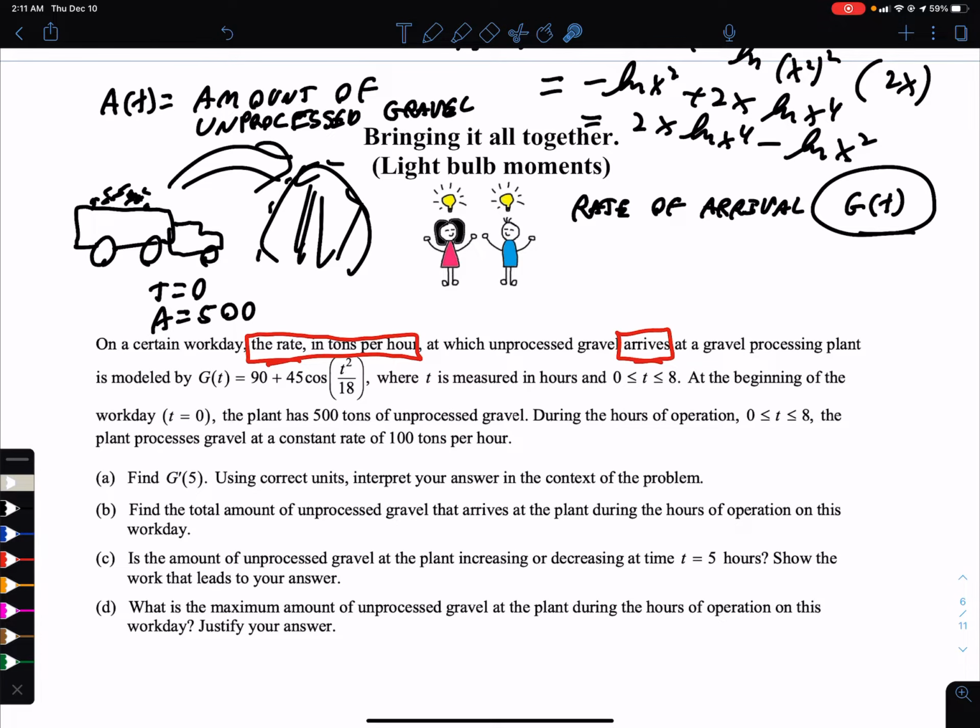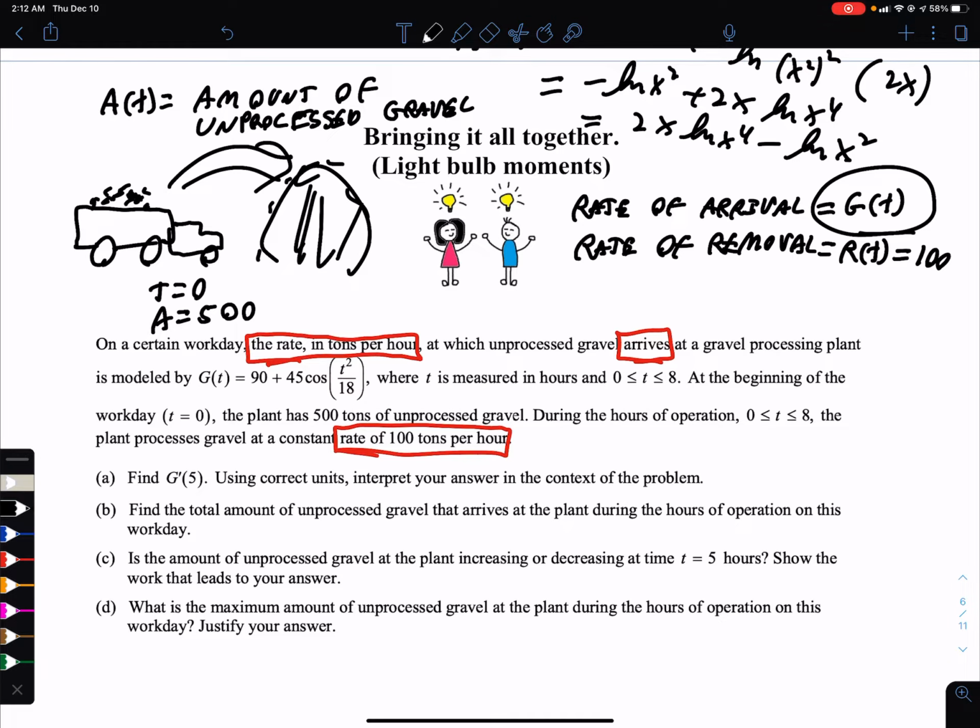It's going to be at a rate of 100 tons per hour. So I'm going to call that rate of removal. I'm going to call that R of t for removing, and that equals 100 tons per hour. The unit is tons per hour on both of those.